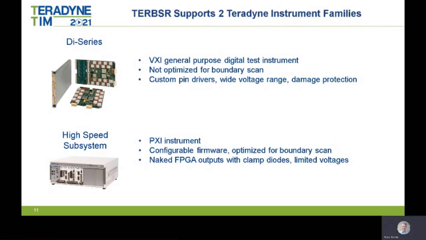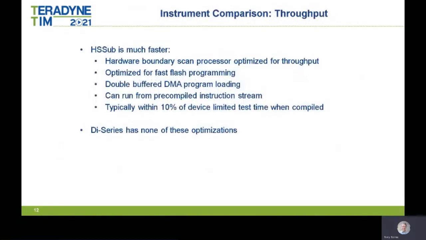So I'll briefly highlight some of the advantages of these instrument families. In terms of raw speed, the high-speed subsystem can provide much higher throughput than the DI series. The high-speed sub uses custom firmware which implements a high-speed boundary scan processor with features especially optimized for fast flash programming.